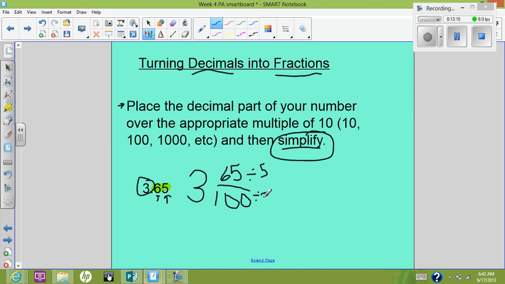Divided by 5, which leaves us 20 on the bottom, and on the top it gives us 13. So 13 over 20ths. Okay, that's as simple as I can get, so my final answer is 3 and 13 20ths.